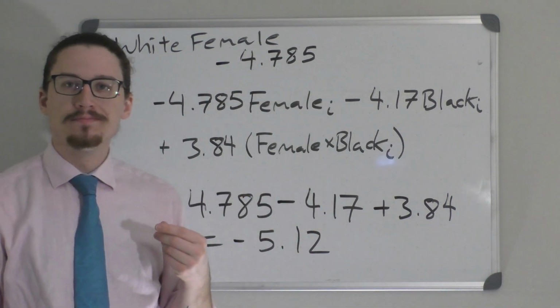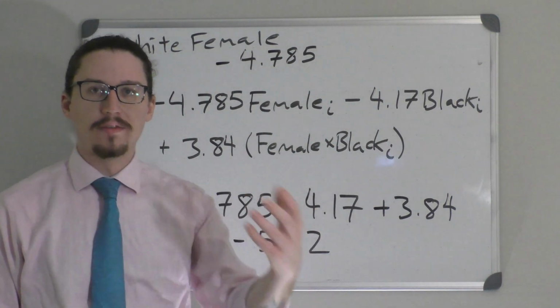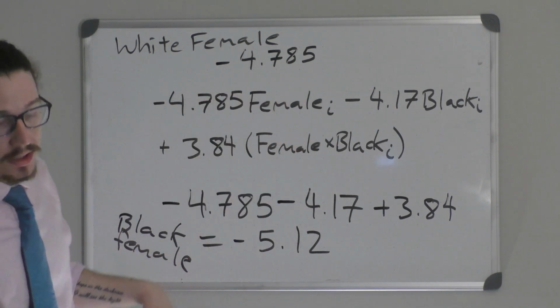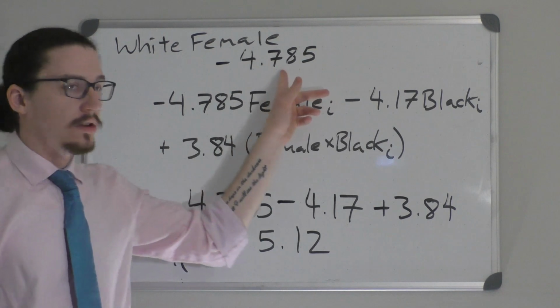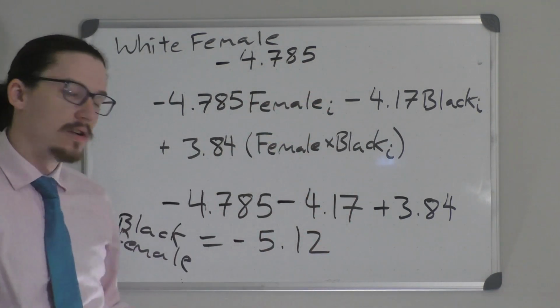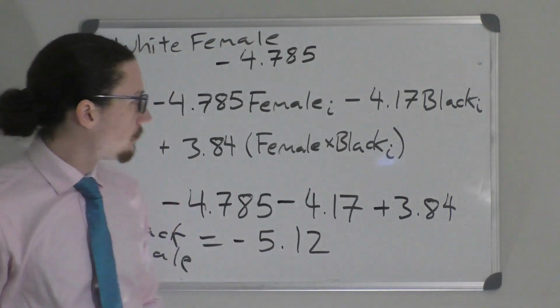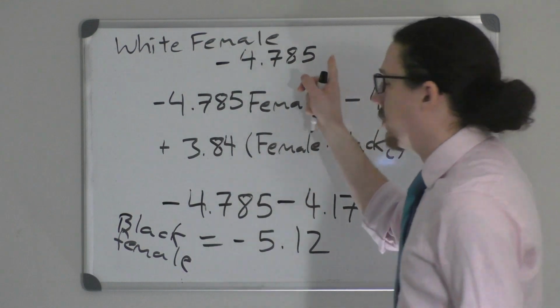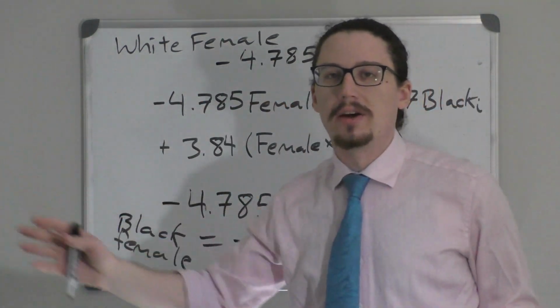So if we look at the difference, we'd have to calculate both of those and then look at the difference to see what is the difference between wages for white females and black females. According to my notes, white females can expect to have wages that are 33 cents higher than black females.